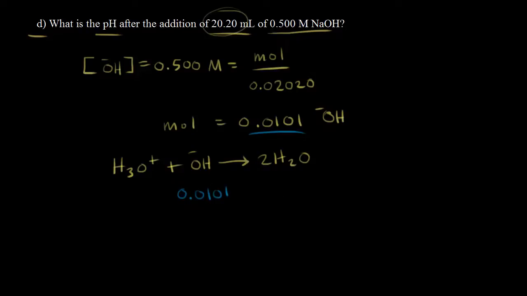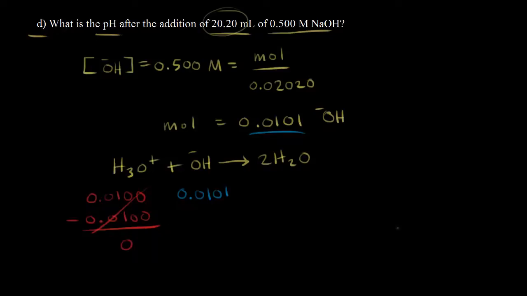And hydronium, we only started with 0.01 moles of hydronium, so 0.01 moles of hydronium ions. And so this time we have more base than we do acid. So all of the acid is going to be neutralized, right? So the acid is going to be completely neutralized, and we're going to be left with nothing. So all the acid is gone.